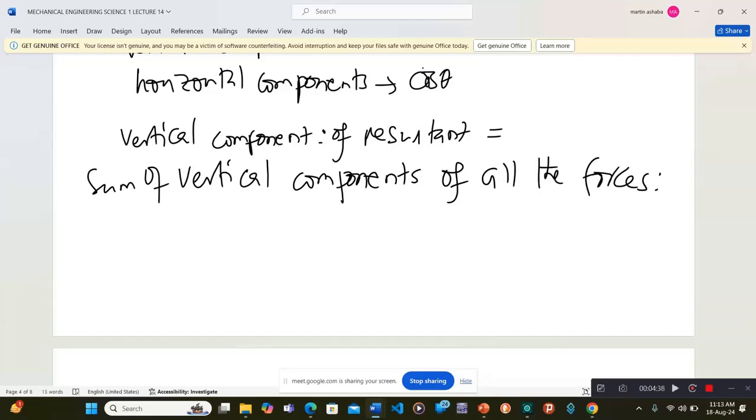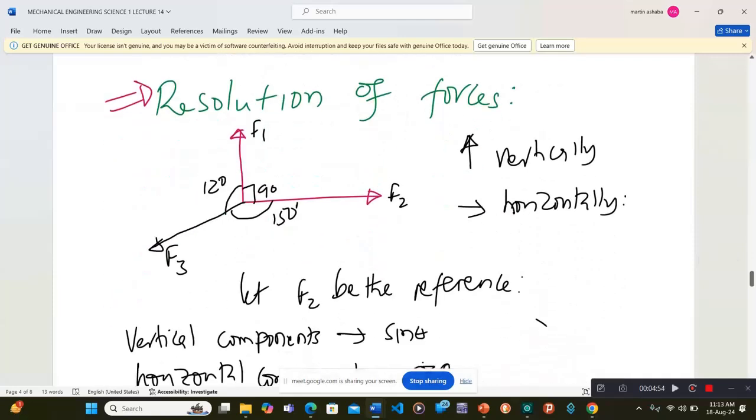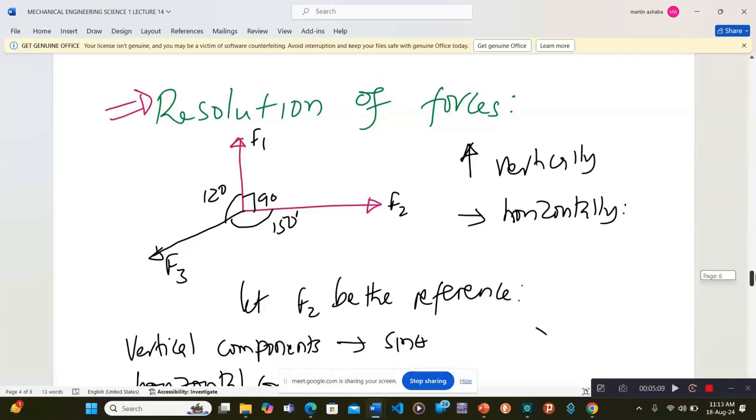So now we begin with F2. It will be equal to F2 sine of the angle it makes with the horizontal, which is 0. When we look at our F2 here, it is horizontal, so it makes an angle 0. So we shall write it as F2 sine 0.